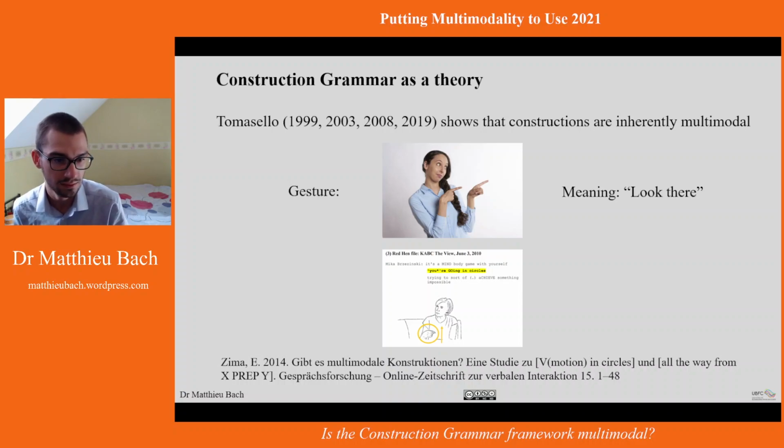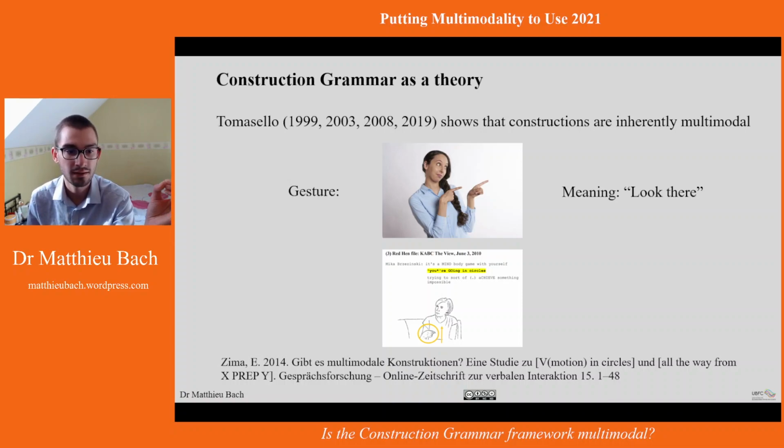If we take the real deep analysis from Elizabeth Sima about multimodal constructions in 2014, then we do have examples from real life, from broadcast TV discourse, which show that there are actually multimodal constructions. So as I said, it's not a question anymore.